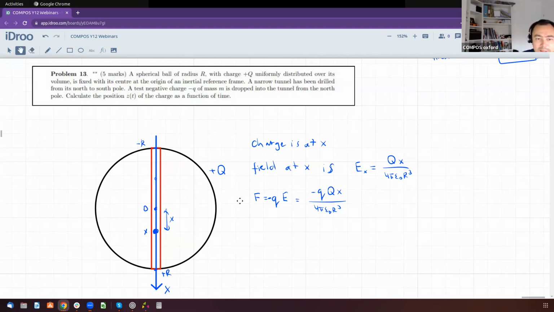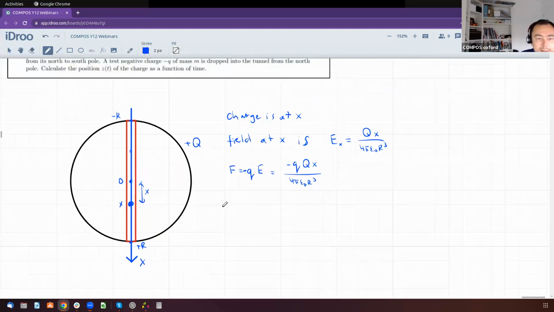So you have this, and we know that force is mass times acceleration. So mass times acceleration is minus Q x over 4 pi epsilon naught R cubed. Interesting.